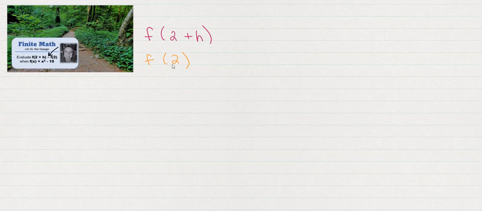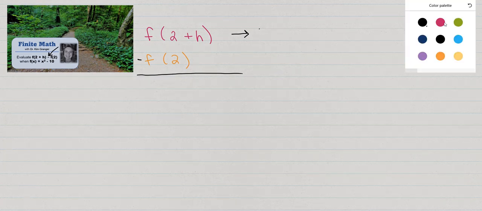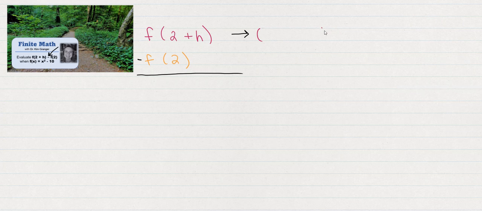We're subtracting f of 2 from f of 2 plus h. So you could see it kind of like this, f of 2 plus h minus f of 2. Watch what I'm going to do for f of 2 plus h. I'm going to use what I would call the empty parenthesis method.